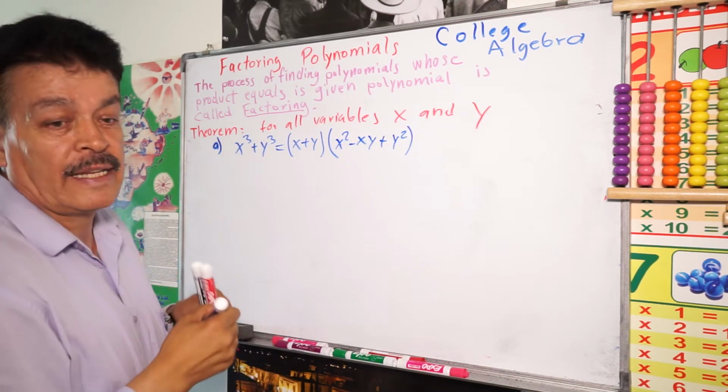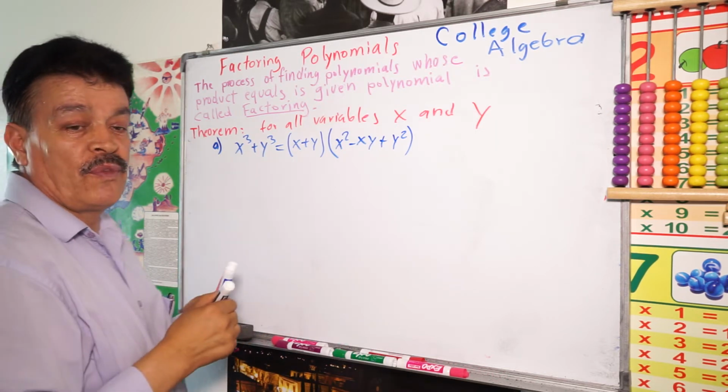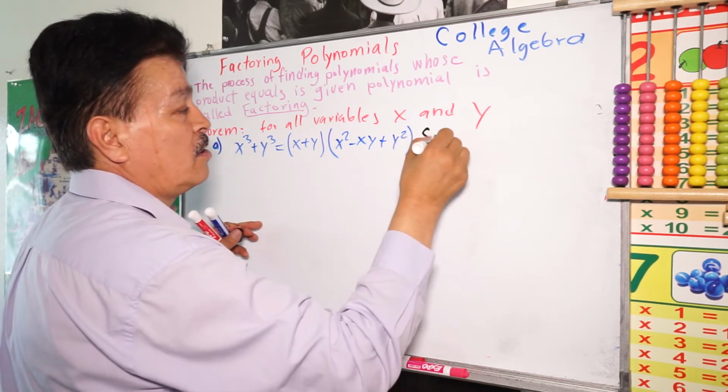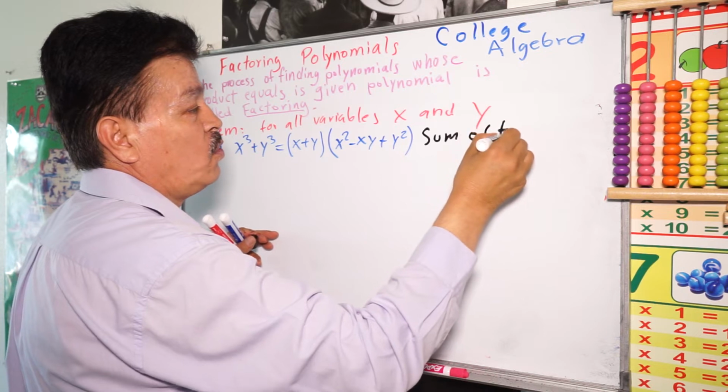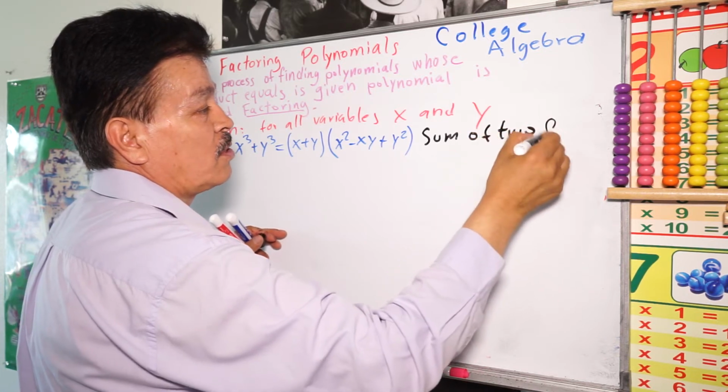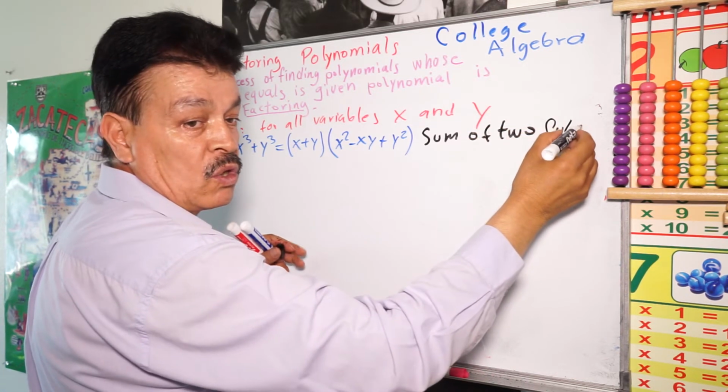How is this called? This is the sum of two cubes.